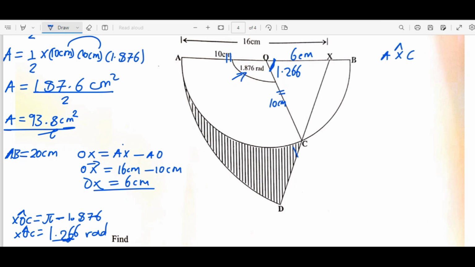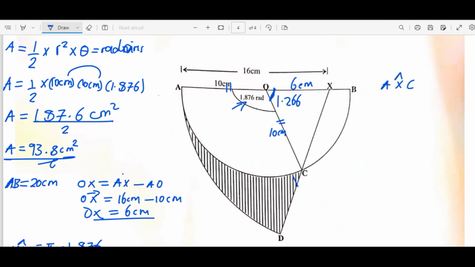So now we can use trigonometry to find this distance. According to trig, this distance is O, then this one is small letter x, and this one is small letter c.